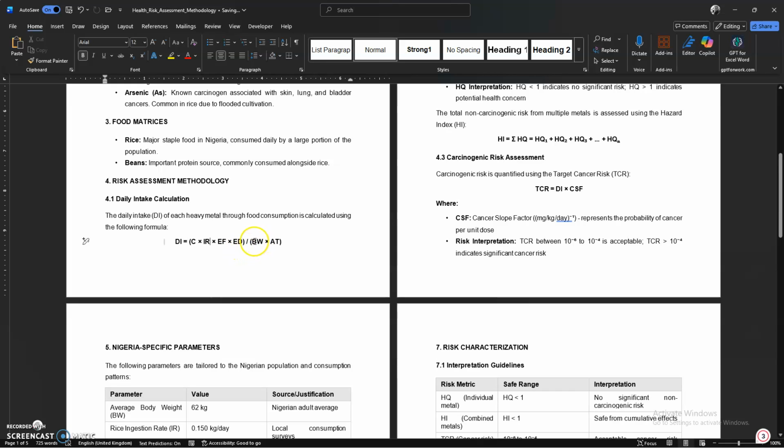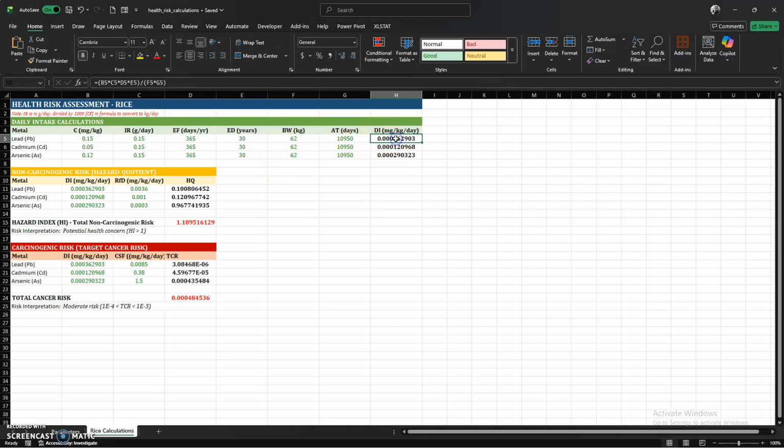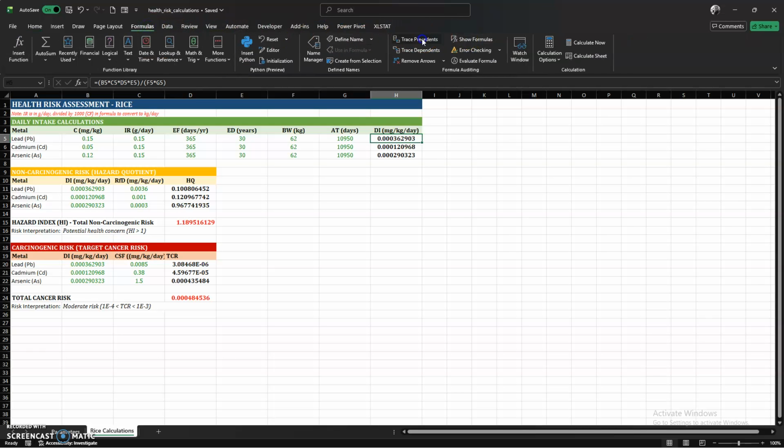Once we obtain this, then we divide by the body weight and this is our AT. So we just simply do the multiplication.